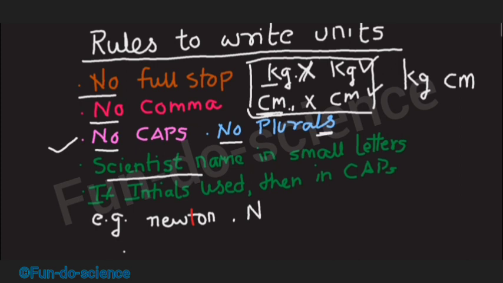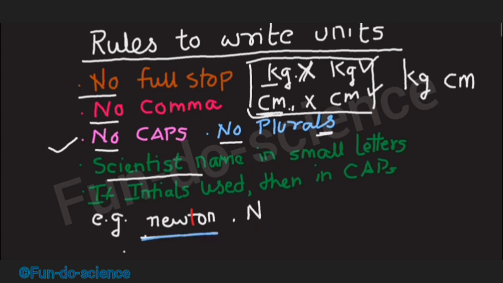Next point, if I am using any scientist name in the place of unit. Why use a scientist name? Because scientists are given honor in this way, so we remember them and their contribution to the science. So if I am using the full name of the scientist, then all alphabets should be in small.